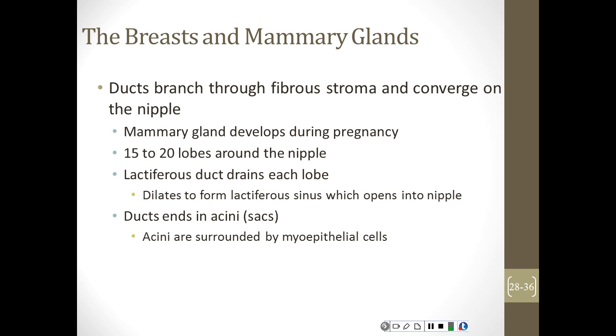Now each lobe is drained by a lactiferous duct, which dilates to form a lactiferous sinus opening into the nipple. Now these sacs that we have here, the acini, are organized into these grape-like lobules. And the acinus is surrounded by a network of contracting myoepithelial cells.